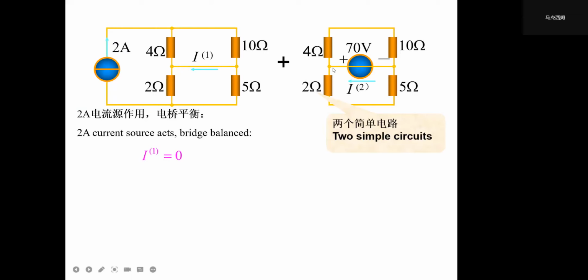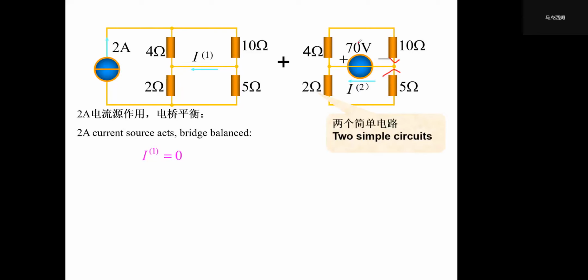And the other one is simple. I22 can be calculated from two branches combined together. One is from the lower branch, and the other one is from the upper branch.